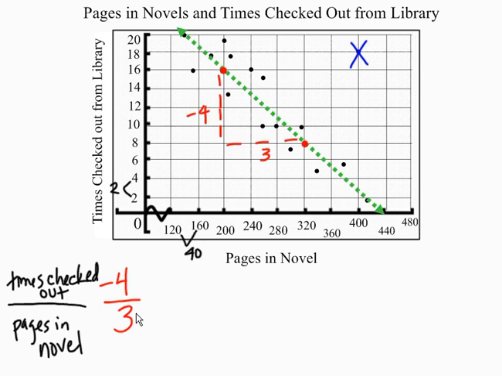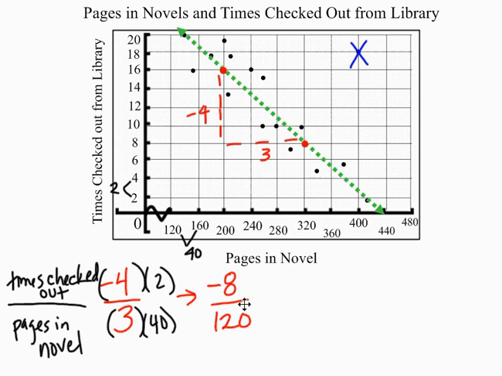So what we're going to do is make sure that we multiply the right numbers with the right numbers from their axes. And that's going to give us a new slope that can explain something a little more. So -4 times 2 is -8, and 3 times 40 is 120.